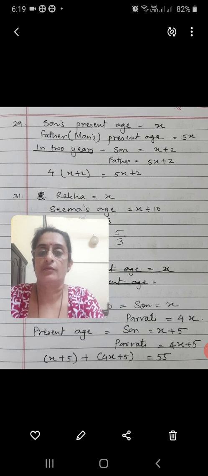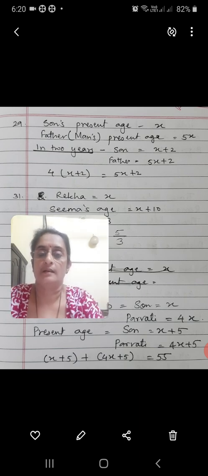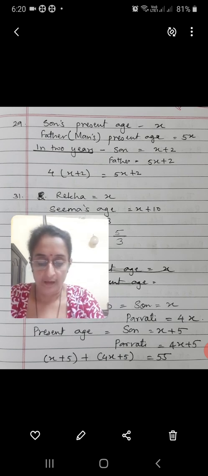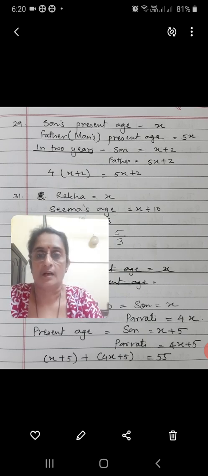The father's age now is 5 times the son's age. After 2 years, the father's age has to be 4 times the son's age. So see how you have to make the equation.